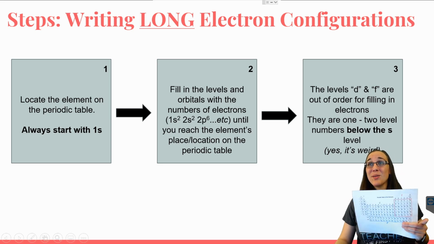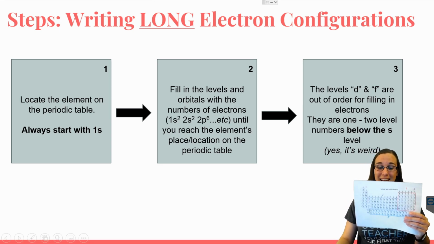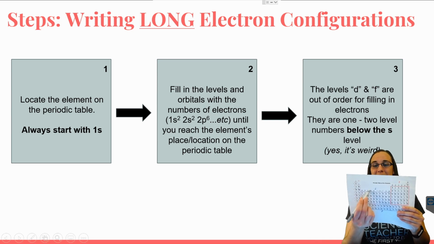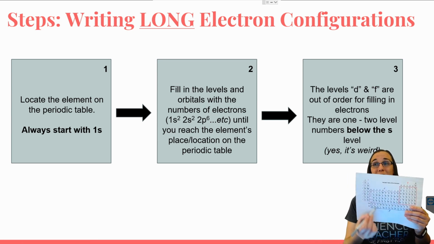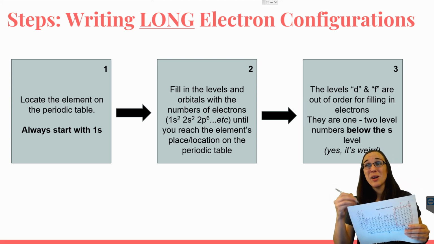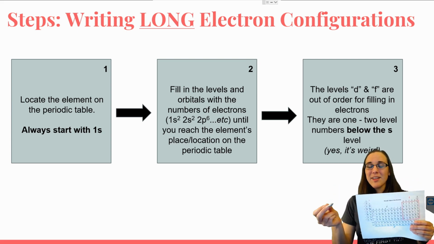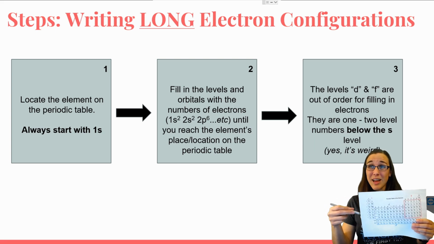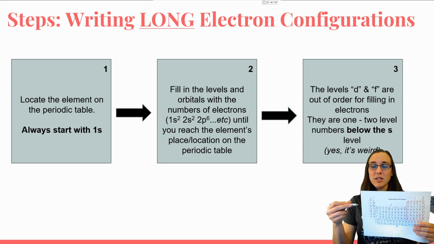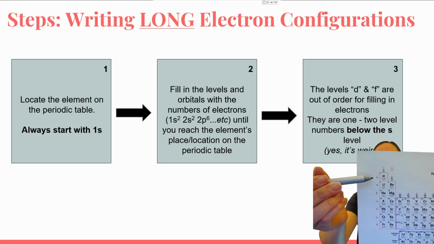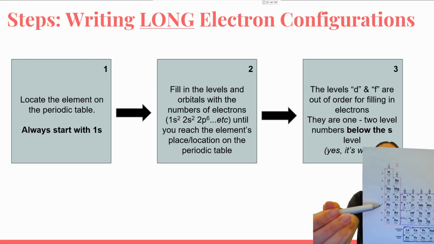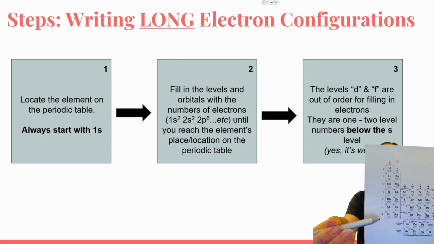Third, you're going to fill in levels for D and F. D is right here, our D block, our transition metals, and F are our inner transition metals. They're kind of weird because they're either a level or 2 levels below the rest of everything else. So if you look at the way I wrote out this periodic table, you can see I have 1, 2, 3, 4, 5, 6, 7. That's pretty straightforward.